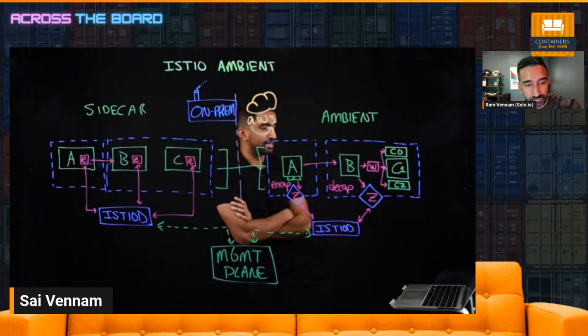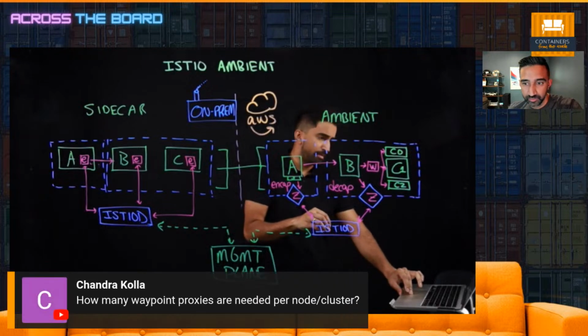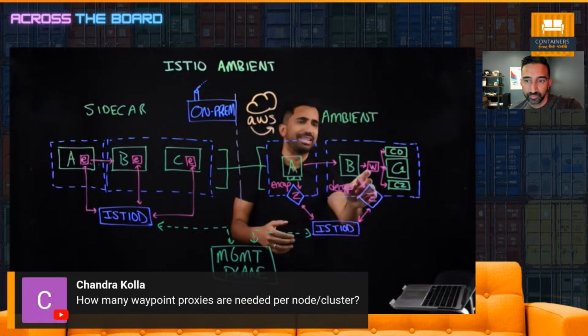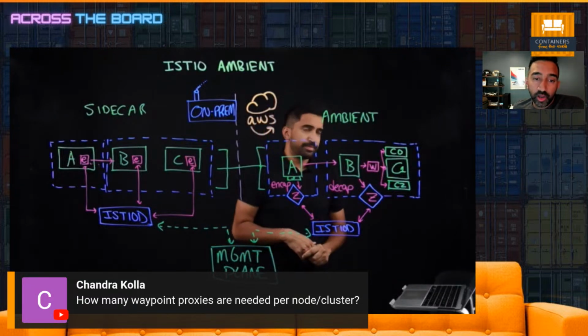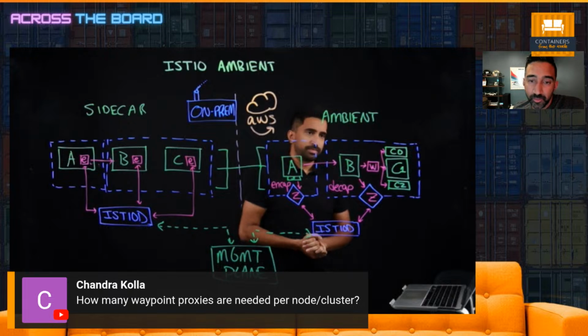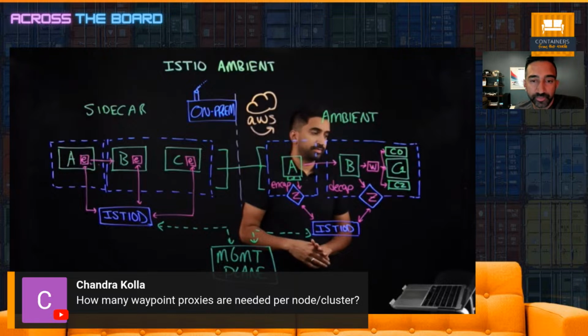Got it. Makes sense. Okay. One more question before we jump to your demo, Ram. How many Waypoint proxies are needed per node or cluster? That depends on the number of workloads on that node or cluster. You would create a waypoint per your workload.